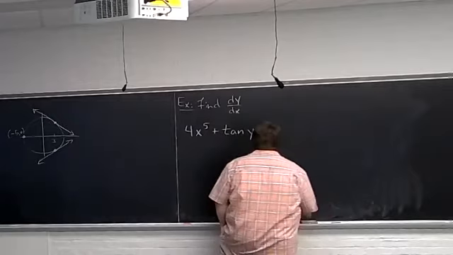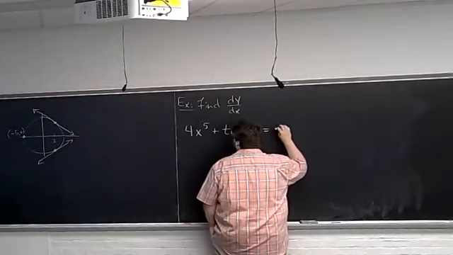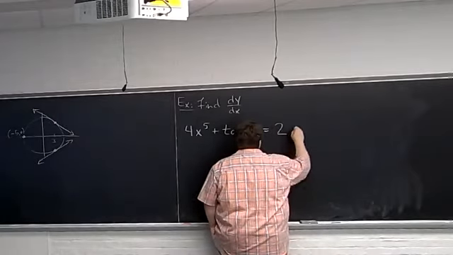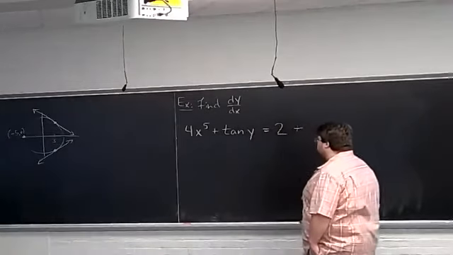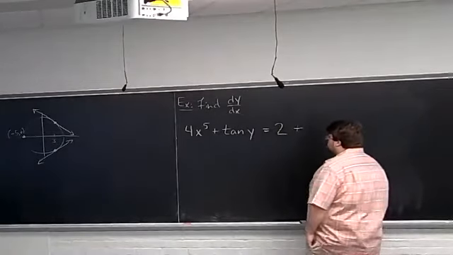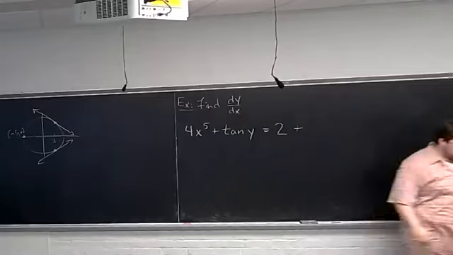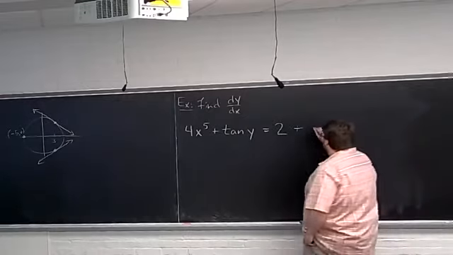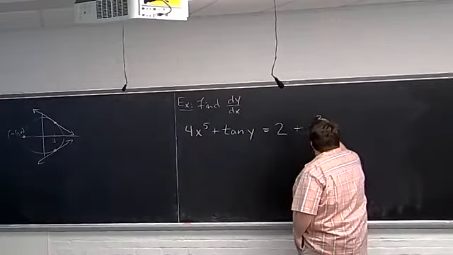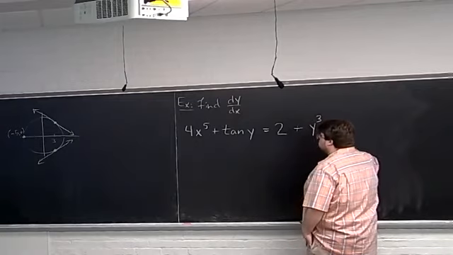Let's see, I want product rules, let's make it 2 plus, let's see, we have a trig, so what did I put on the worksheet? Okay, let's do one like this. y cubed, let's see, we have a tangent.